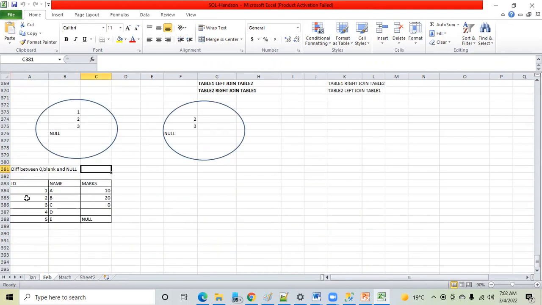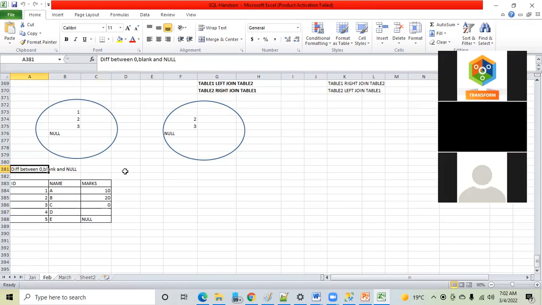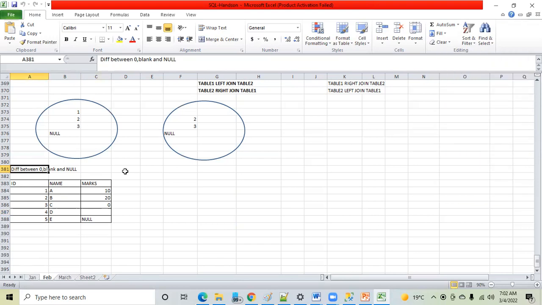So I was discussing this difference between zero, blank, and null, but I think it was not completed. I will repeat this again. And this is very important because different SQL keywords show different behavior with null.